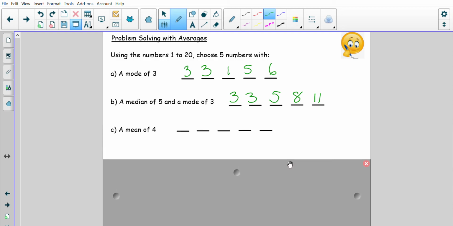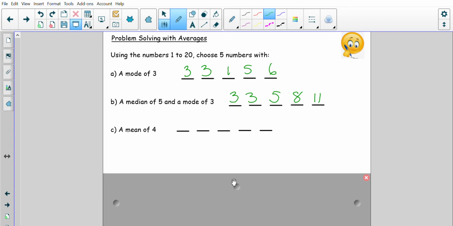Finally, if I want to pick 5 numbers with a mean of 4, what we need to think about when we're doing problem solving with the mean is how we work out the mean and almost work slightly backwards. So I know that my mean is equal to the total of my numbers over how many numbers there are. Well, in this particular example, I've got 5 numbers.